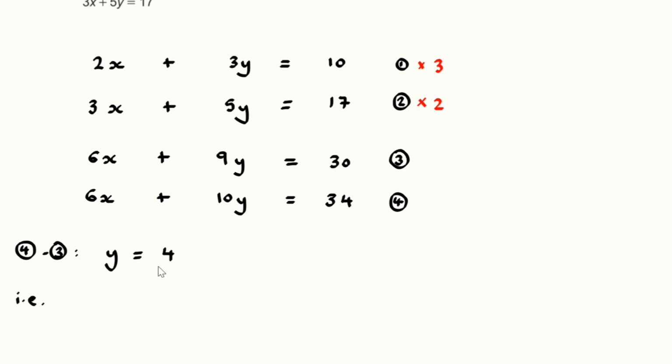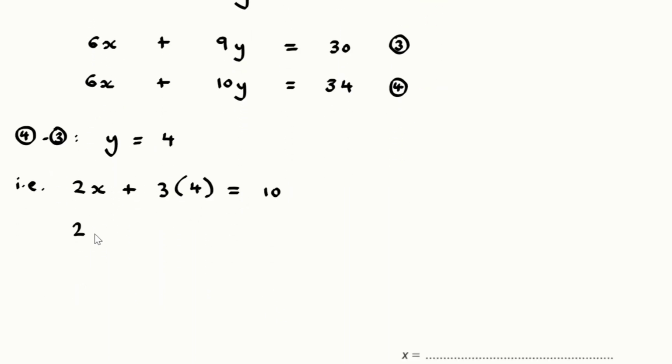And I can now substitute this y equals 4 into a new equation. For example, equation 1. So I would have 2x plus 3y. Now remember y is 4. This equals 10. 2x plus 12 equals 10.